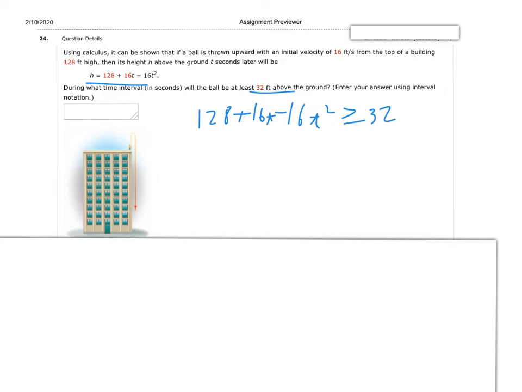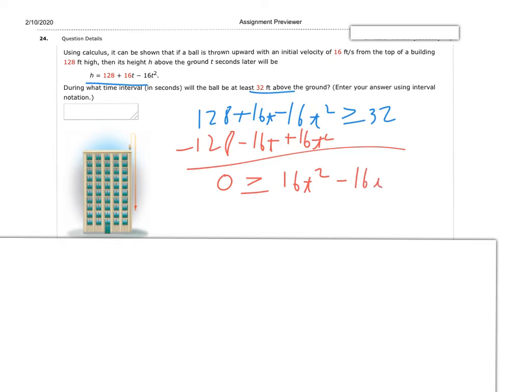Looks like this is a nonlinear inequality. So I'm actually going to move everything over to the other side here. So I'm going to add 16t squared. I'm going to subtract 128, subtract 16t. So that'll give me 0, greater than or equal to 16t squared minus 16t. And I have to subtract the 128 here.